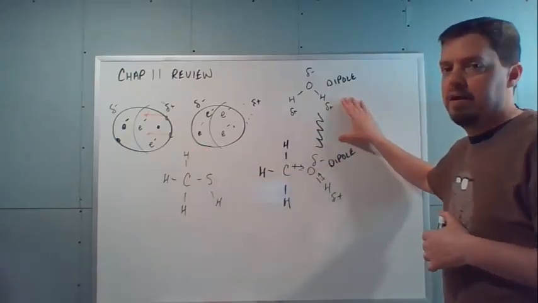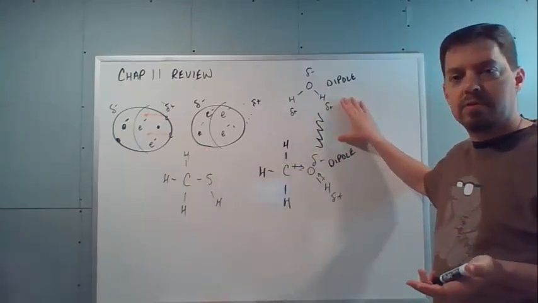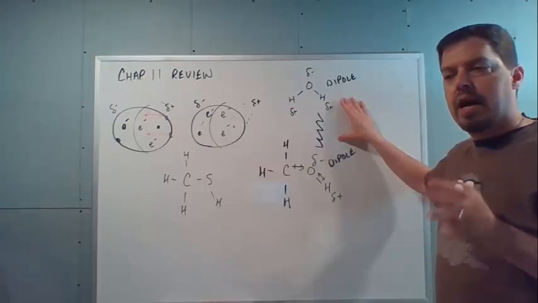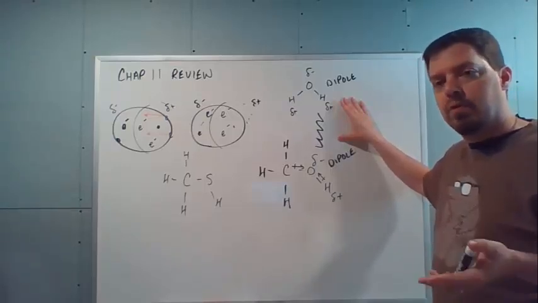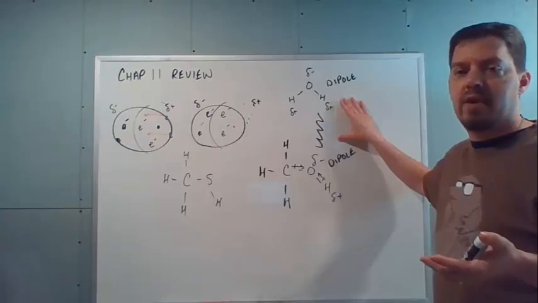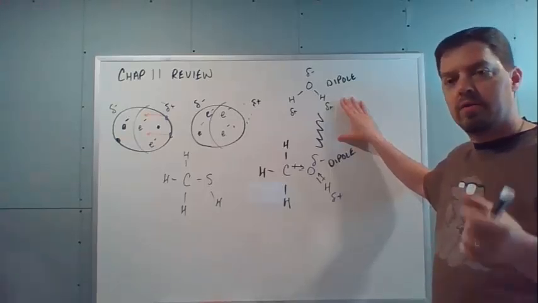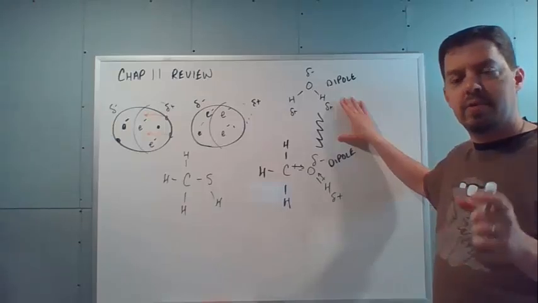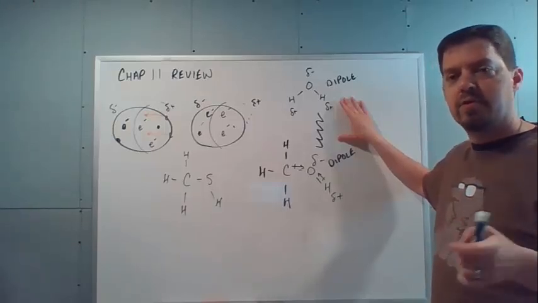But we also have more strong dipoles as our atoms become more and more polarized, as the electronegativities of our elements become higher and higher, especially bonding with hydrogen. We're going to get that extreme polarization.